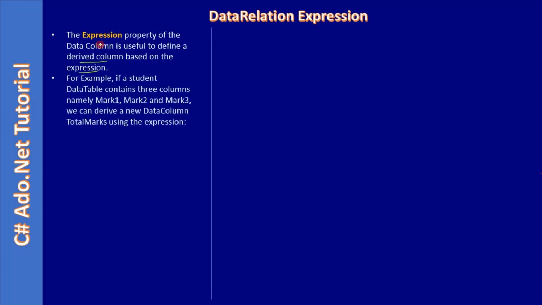For example, if a student data table contains 3 columns, namely Mark 1, Mark 2 and Mark 3, we can derive a new data column total marks using the expression. That's the new data column, right? TotalMarks.Expression equals Mark1 plus Mark2 plus Mark3. So likewise, you can derive a new data column within your ADO.NET frontend.